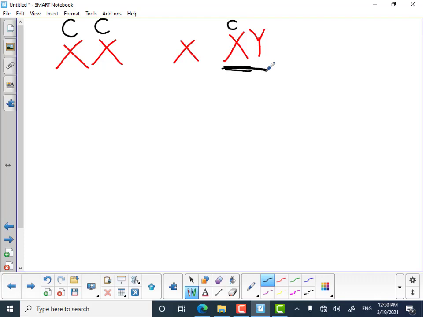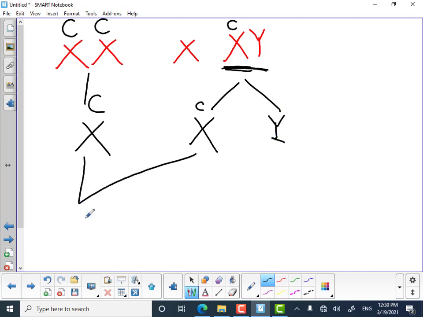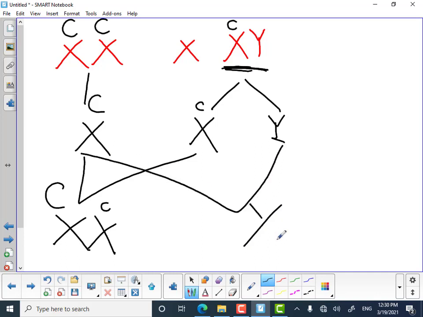Okay, what is the type of gametes we will find here? XC, and this man will give us 2 gametes. If we make the matching between the chromosomes, this carries small c, this carries a capital X, Y, capital, and Y doesn't carry anything. Okay. What is the phenotype of these 2 babies?